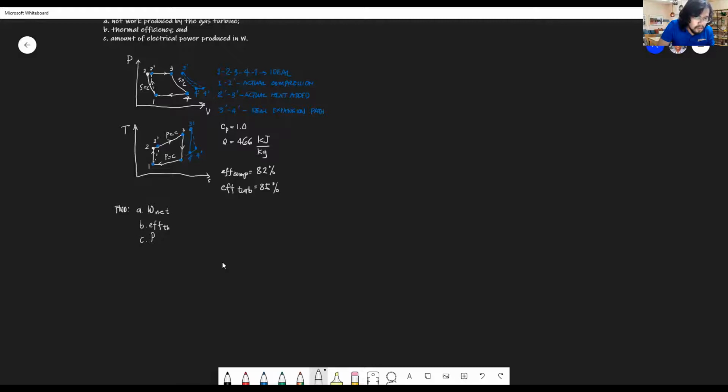Okay, and so we start with the T1, that is 15.6 degrees Celsius. You have to find it in Kelvin.